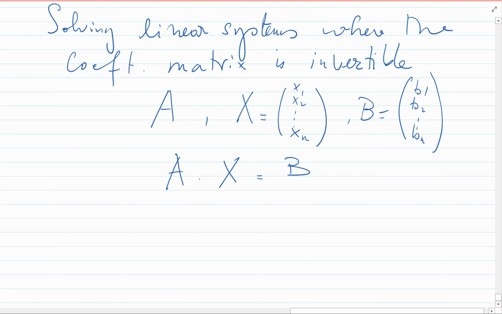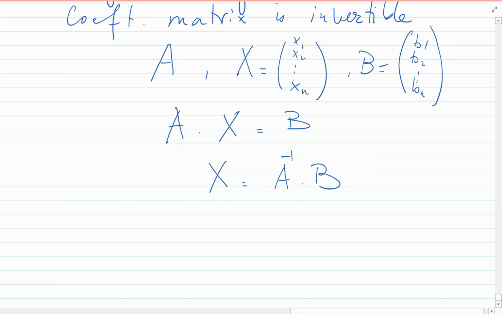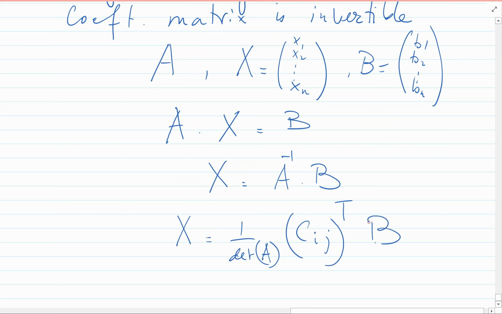If you multiply by A inverse from the left, you end up having X equal A inverse times B. So the only solution to the system, regardless of what B is, is consistent, and it has only one solution, A inverse times B. And of course, if we use the formula we have for A inverse, X will be 1 over determinant of A times the cofactor matrix transpose times B. So that's the answer.